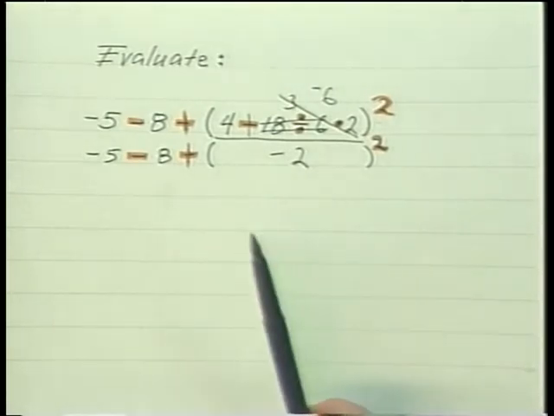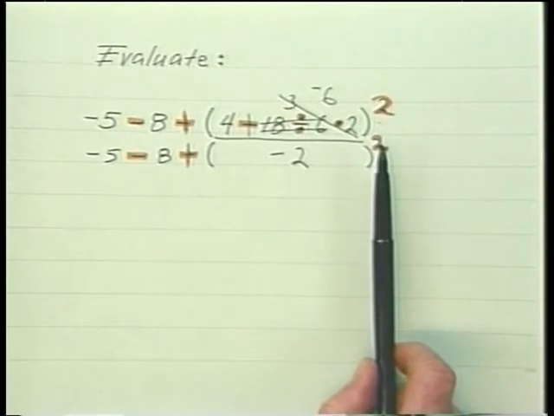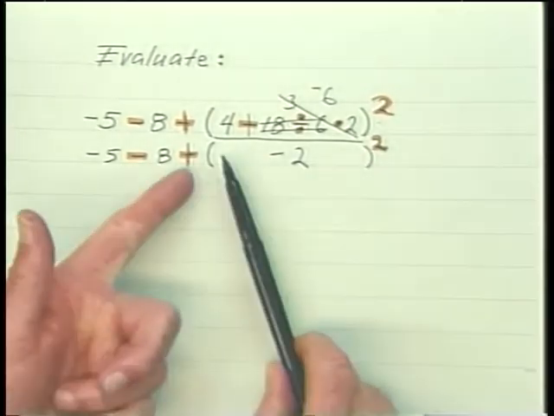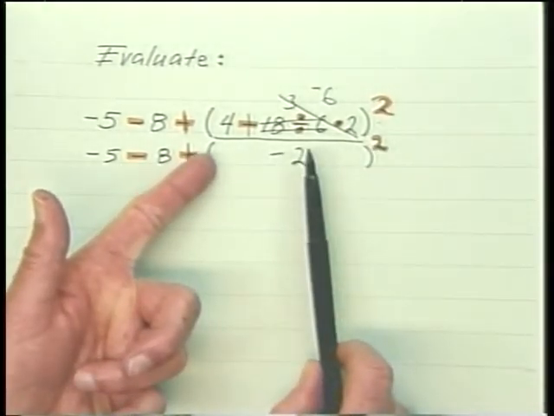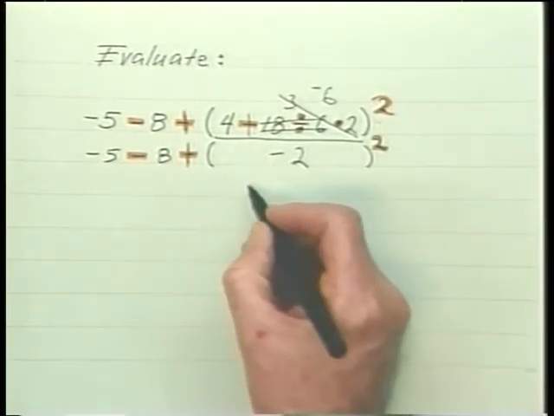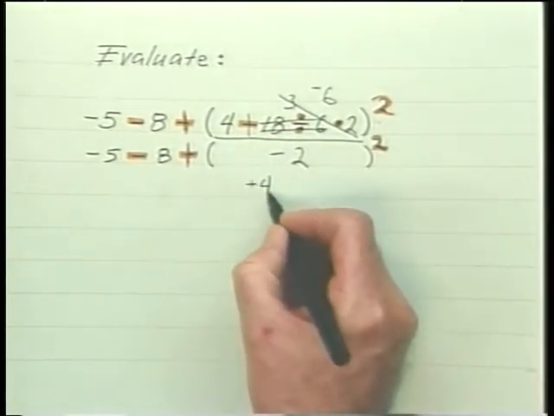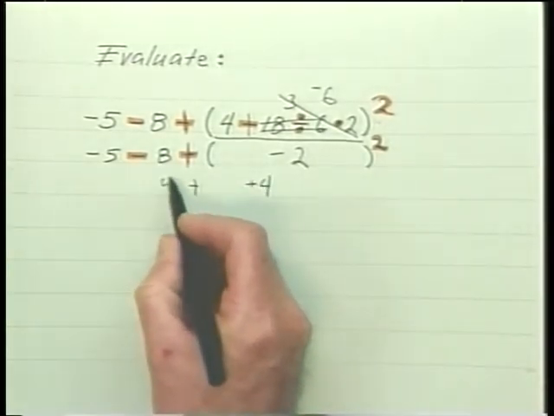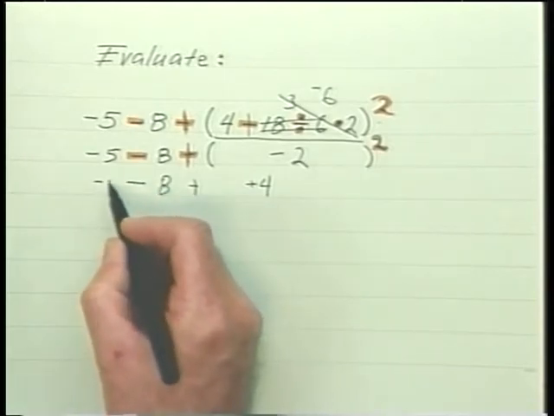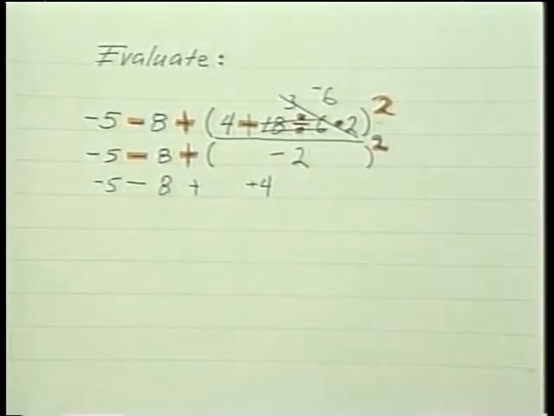So the 3 remaining operations, that is an exponent. It's above negative 2, so negative 2 times negative 2 is positive 4. Everything else in my mind or on paper stays the same.